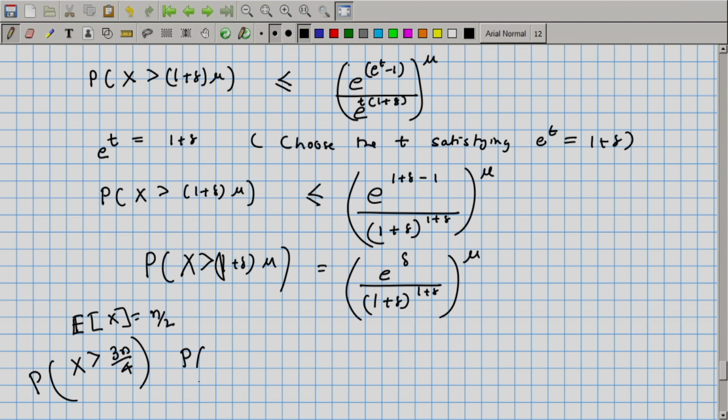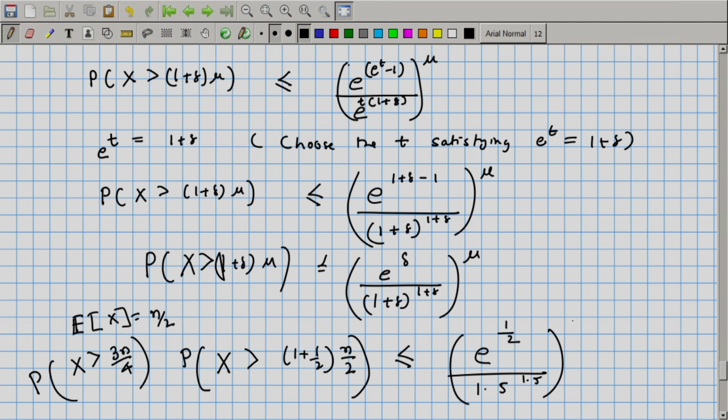So, we were interested in the probability that x is greater than 1 plus 1/2 times the expectation n by 2, and this by the Chernoff bound is going to be less than or equal to e raised to delta, here half, divided by 1.5, the whole raised to 1.5, the whole raised to mu, and mu is going to be n by 2.